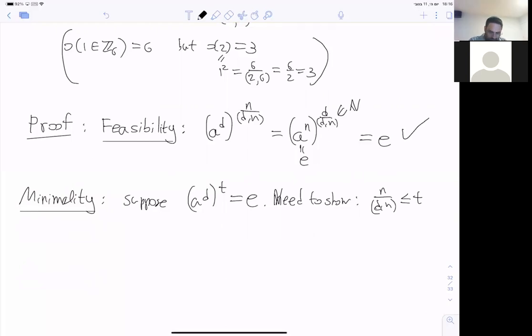Okay, so how do we show that? We say that if this is true, then a^(dt) is e.